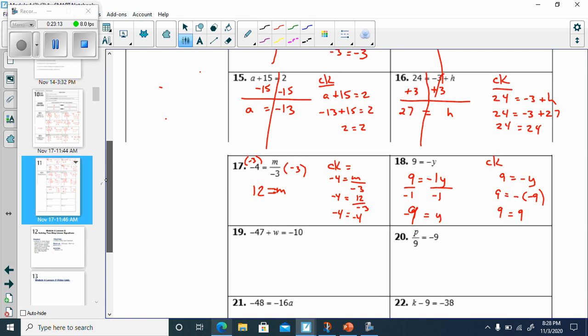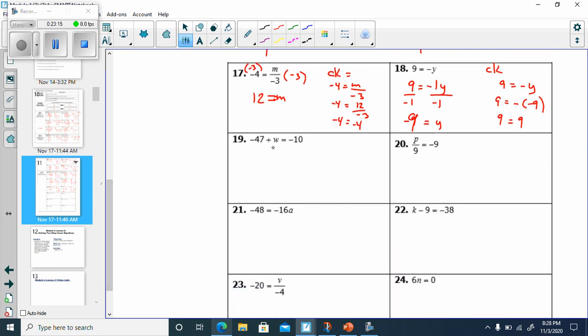Okay? Negative 47 plus w is equal to negative 10. I'm trying to get to the value of w, so I need to get all the numbers away from it. The opposite of a negative 47 is a positive 47. W is equal to 37. Let's check to see if that's correct.